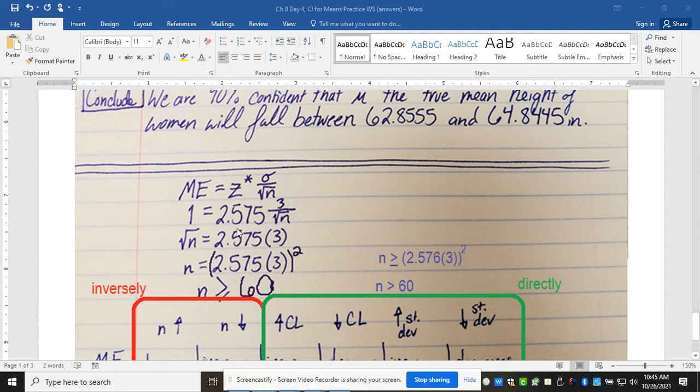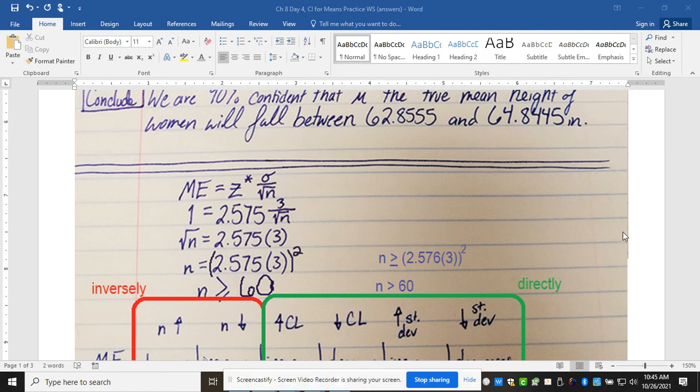the rearranged would be z times sigma divided by margin of error. But why do I just have 2 things here and not divided by anything? What is our margin of error in this? 1, so divided by 1, I just didn't write it there. Regardless of whether you use 2.575 or 2.576, it's going to give you 59 point something.